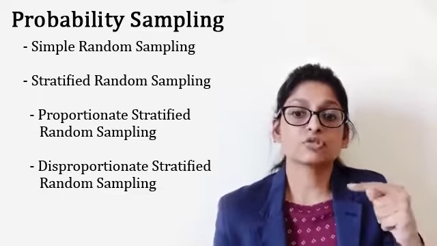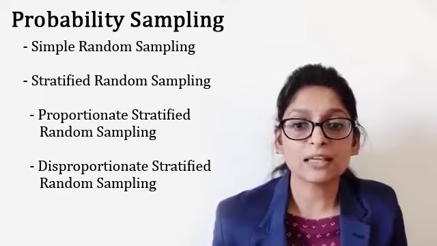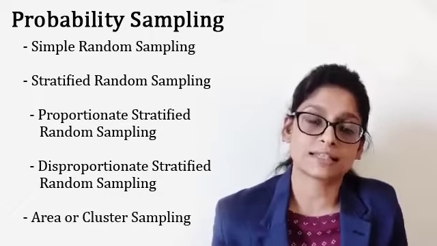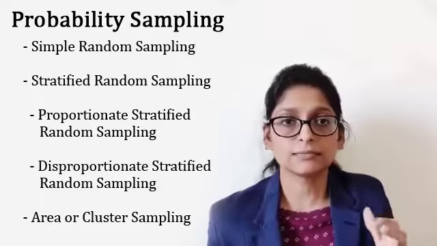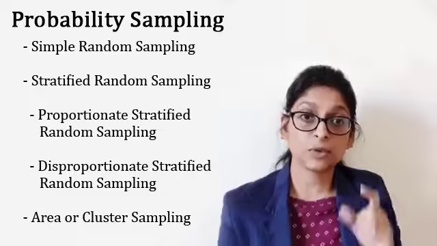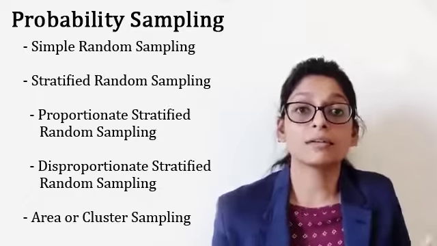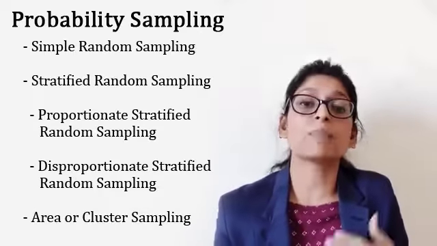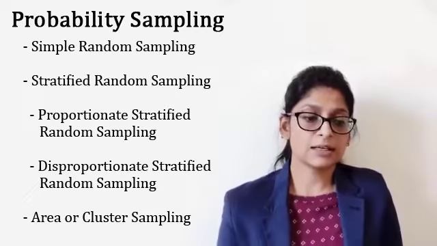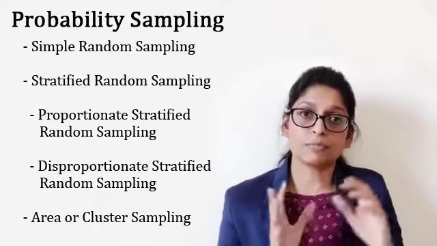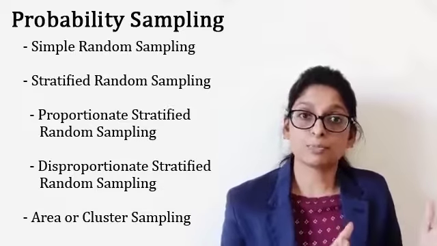Now that brings us to the third type of probability sampling, which is area or cluster sampling. Again, it's a random sampling, but here we don't pick random individuals, we pick random areas or random clusters. Let's go with the same example of the primary school students being the population.